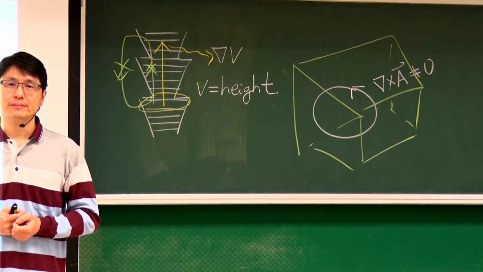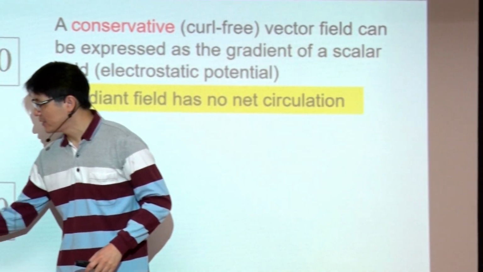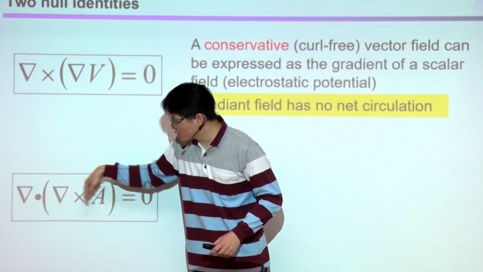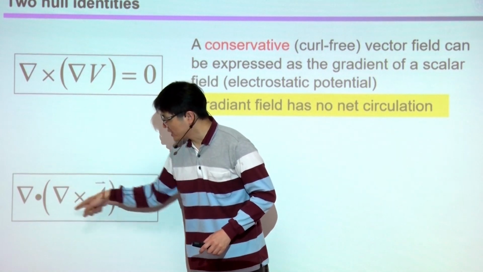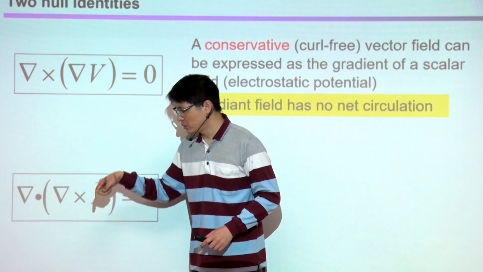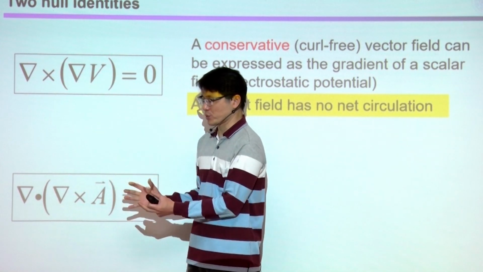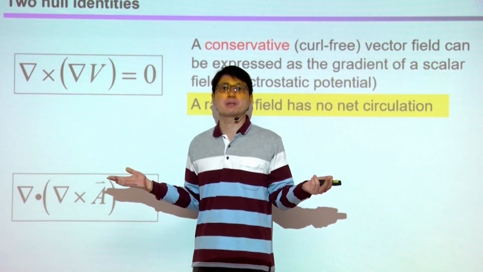Right? By performing this curl operation, you're trying to find the components that give you circulation in A, right? So after you perform this operation, you only have a circulating field, and now you want to have a box to surround it, and you want to have fields flowing out. It's impossible.